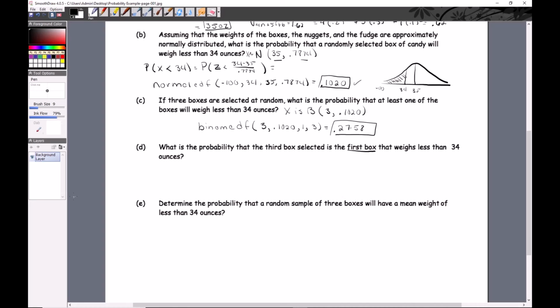All right, so here your random variable X is geometric, right? Because it's the first success by the third box. And it's exactly by the third box, so that's a geometPDF.